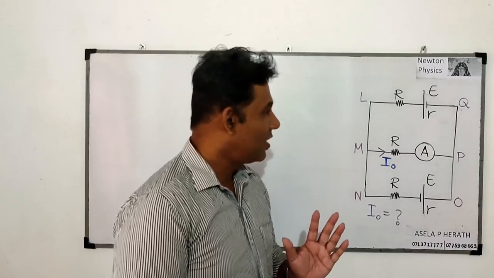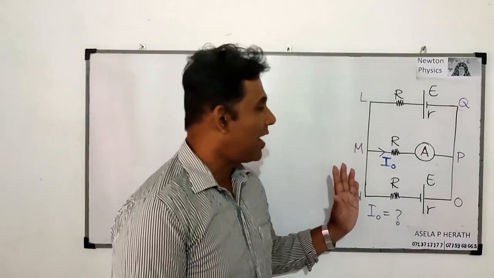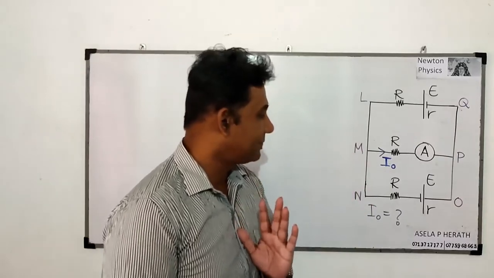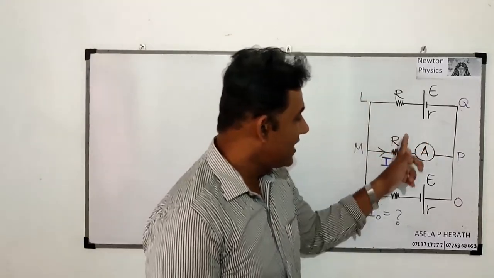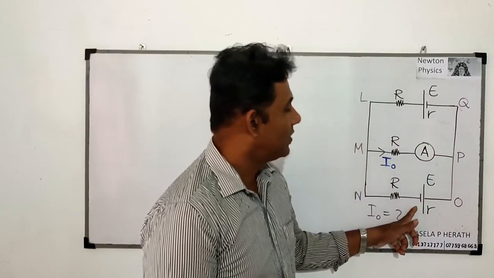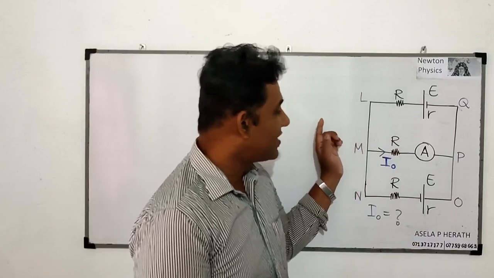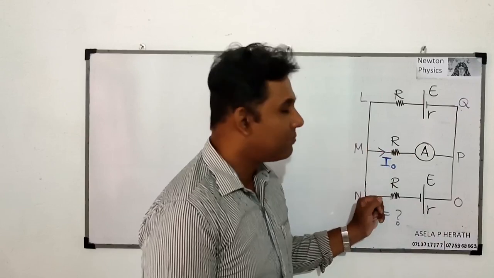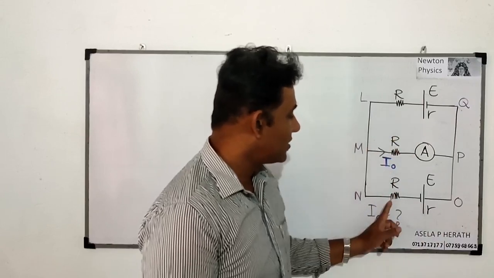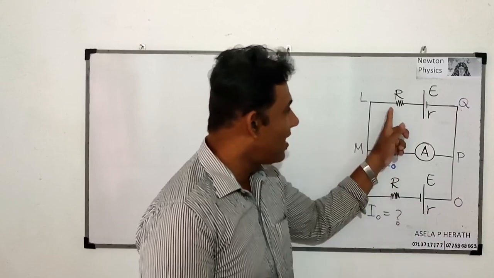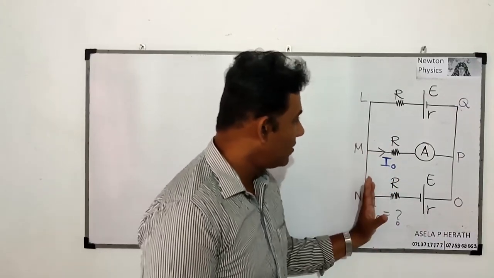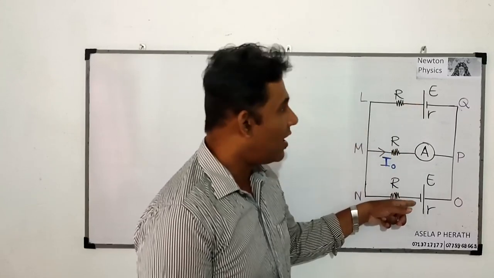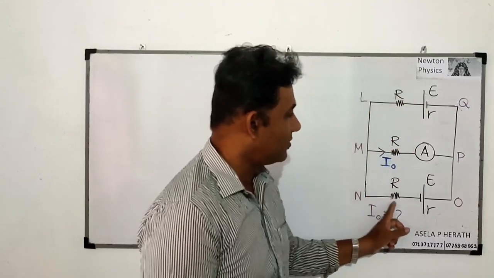Now here I will explain the method by which I get the answer for I0. Now look here. These two cells are identical, and the values of the resistances connected across these parts are the same. You can see the same magnitude for the resistance, capital R. And also the electromotive forces of these two cells are directed in the same direction.